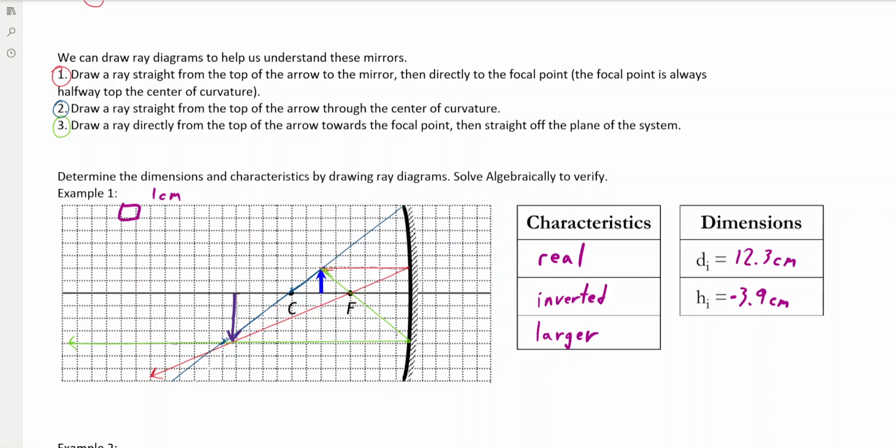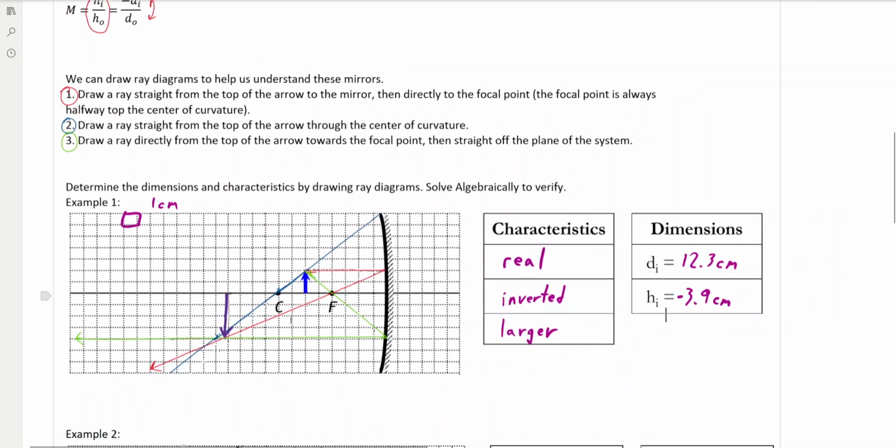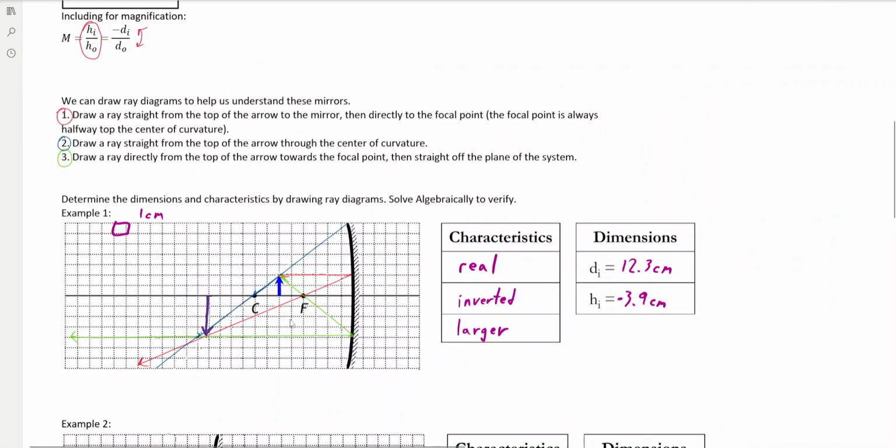Alright, so that's what we have, but now we're going to try to solve it algebraically, and we're going to pretend like the blue numbers are very exact. So DO is going to be 1, 2, 3, 4, 5, 6 centimeters away from the mirror, and HO is going to be 2 centimeters tall.